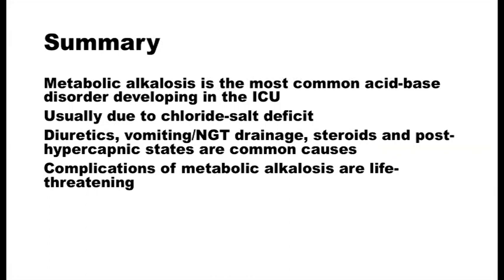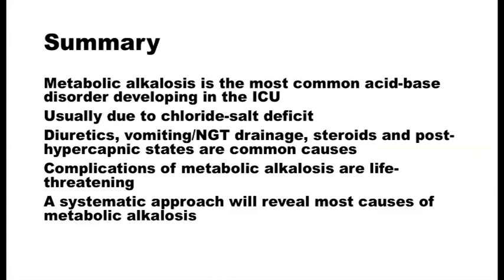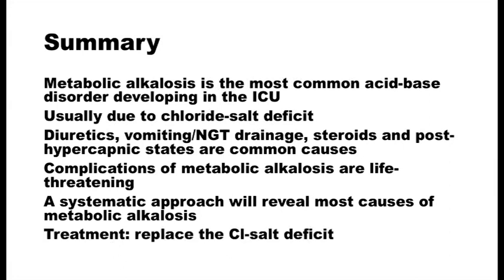The complications of metabolic alkalosis are life-threatening, and this is why it is an important condition to manage, to identify the cause and manage the underlying etiologies. A systematic approach will reveal most causes of metabolic alkalosis, and in particular, the urine chloride is the first step in the diagnostic process in identifying the etiology. And treatment is really to replace the chloride salt deficit. Thank you.